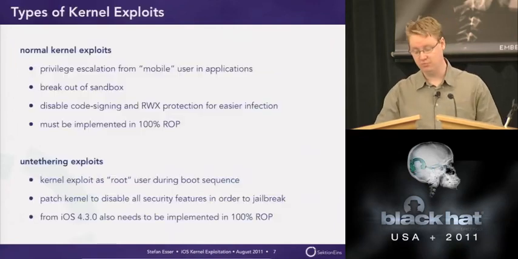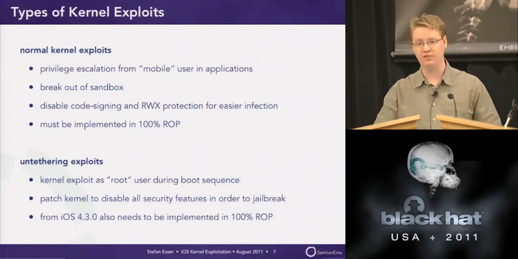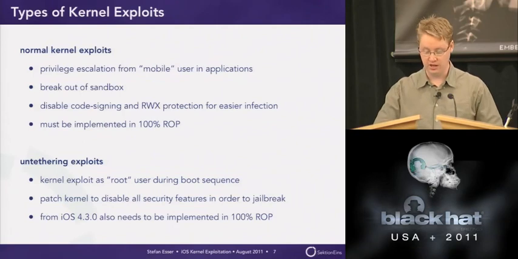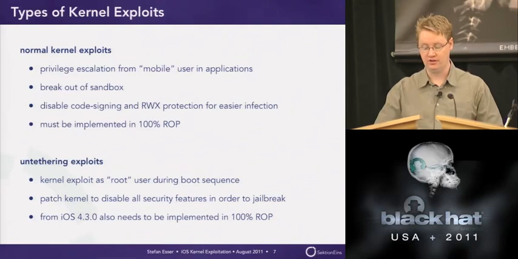So the jailbreaking scene distinguishes between normal kernel exploits and untethering kernel exploits. With a normal kernel exploit, you try to get from the mobile user to the root user, break out of the sandbox, and execute code in the kernel.